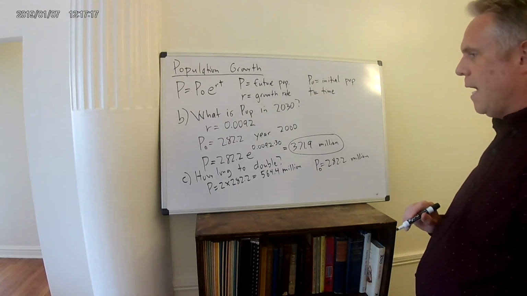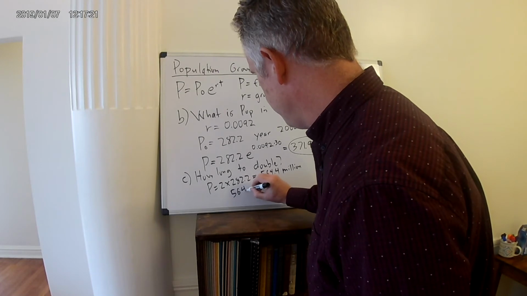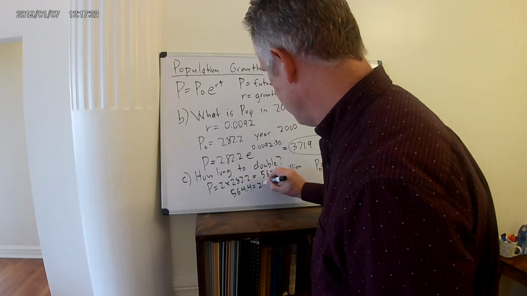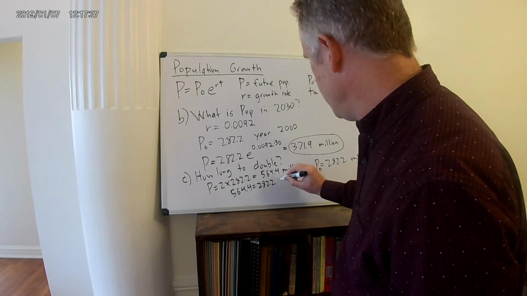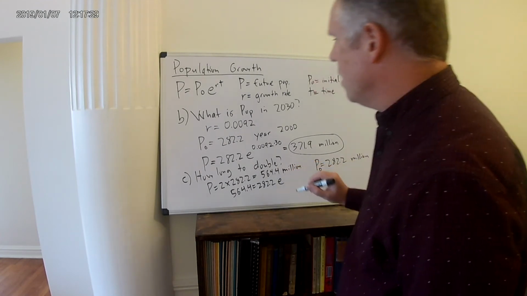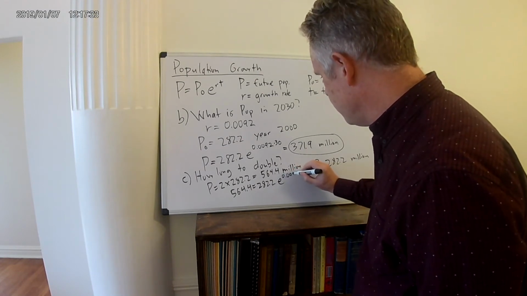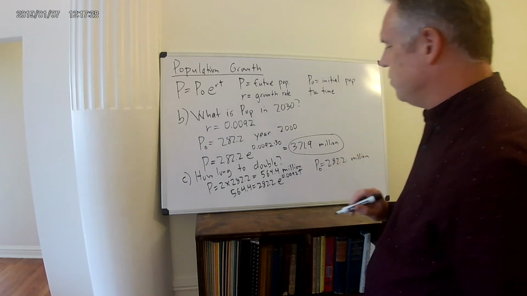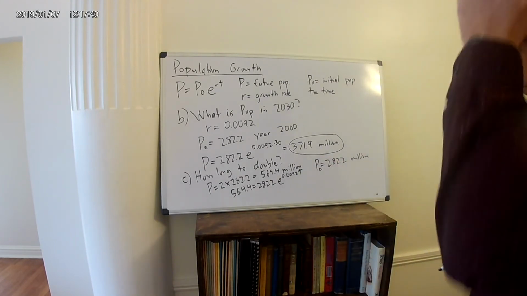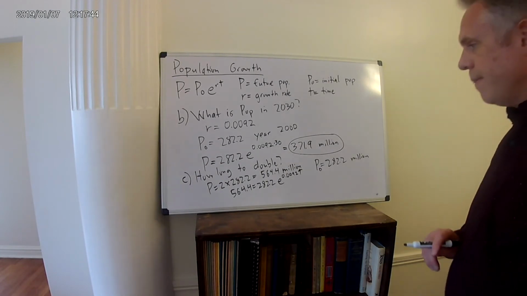Okay, and now we can use our equation. So we have 564.4 equals 282.2 times e. Now we know our growth rate is 0.0092. We don't know the time though, so we get 0.0092 times t. We're looking for how long it takes the US population to double.